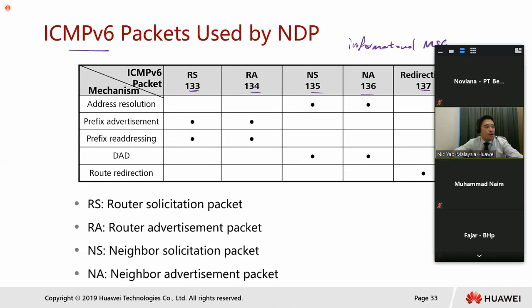So they have router solicitation, router advertisement, neighbor solicitation, and neighbor advertisement. NS/NA, RS/RA. RS and RA are purely more for prefix advertisement and prefix readdressing. NS and NA are more for address resolution and also DAD.